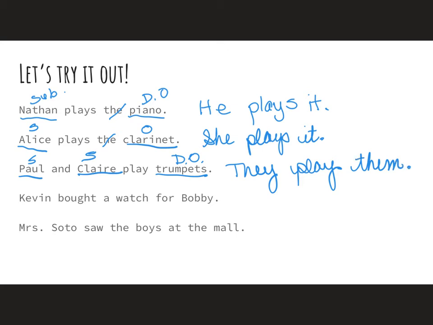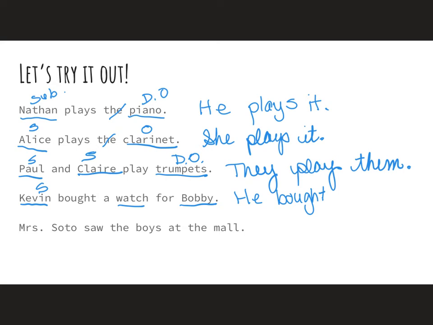Look at your next sentence. Kevin bought a watch for Bobby. Underline your nouns. Kevin, watch, Bobby. Now, look at Kevin. What is that? You're right, it's your subject. What can we replace that with? Well, we know it's singular, so we could put he. We're not changing our verb. He bought.